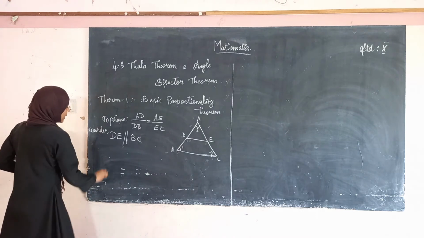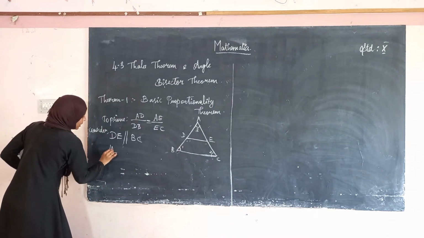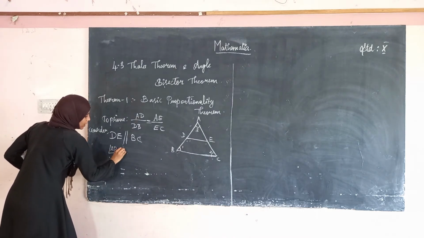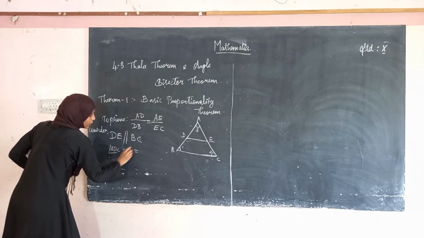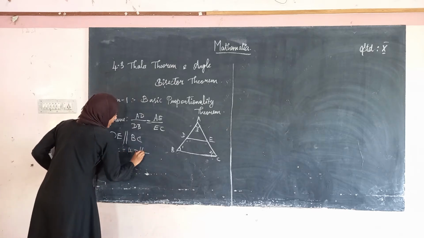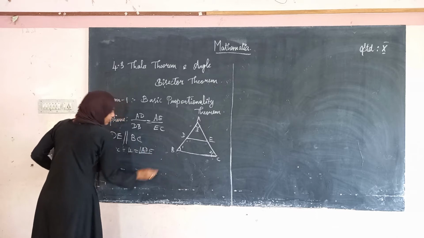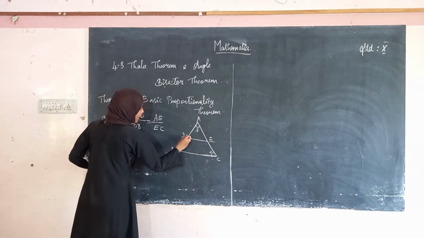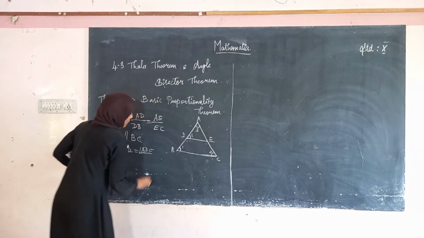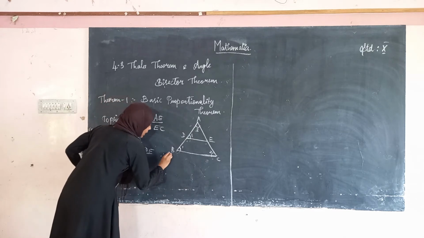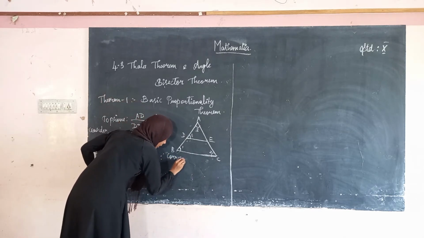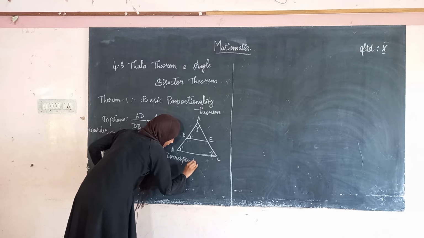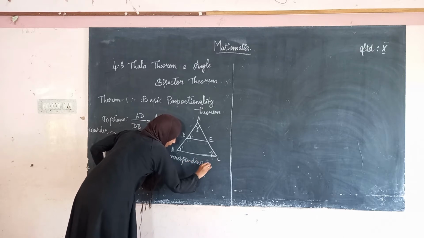Since angle ABC is equal to angle 1, this is also equal to angle ADE. Since they are corresponding angles, you have to give the reasons also for why you are writing the steps. They both are corresponding angles.